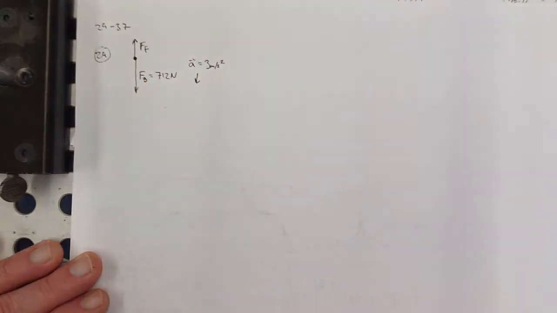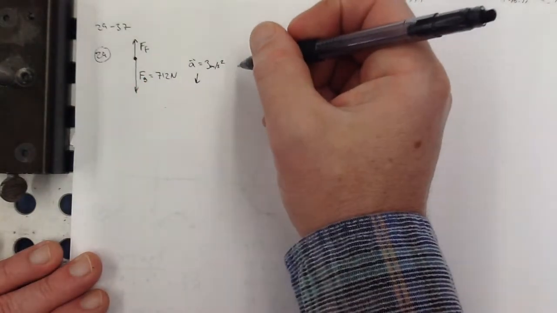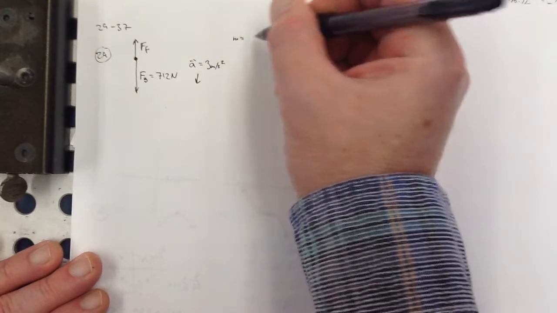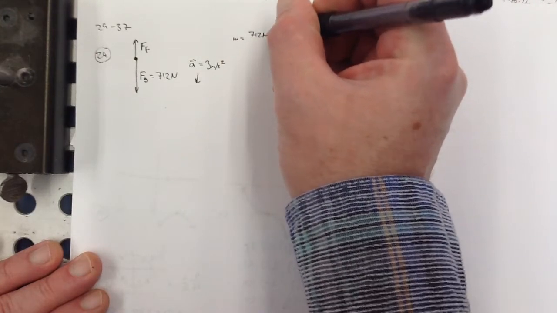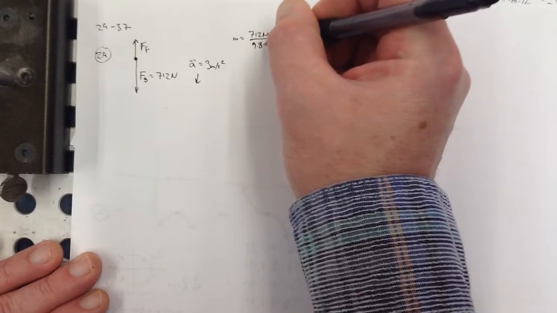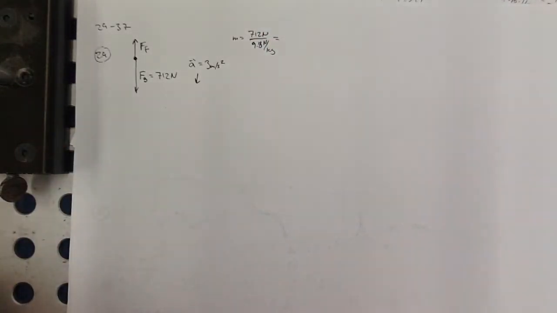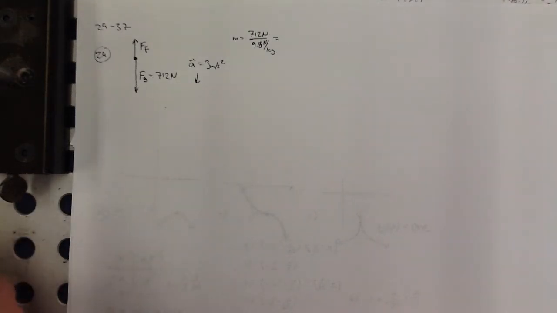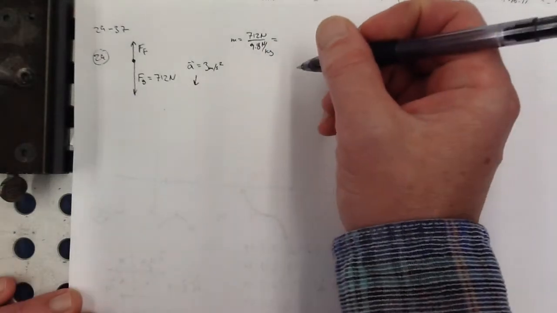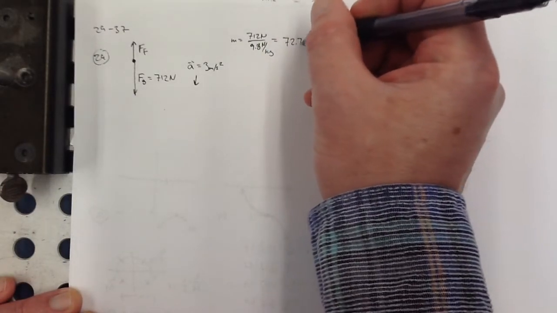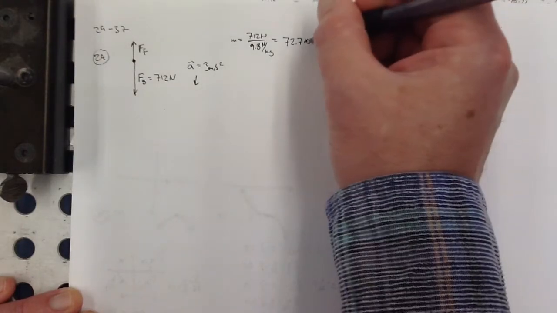I don't know what that is right now, but the mass of the firefighter is 712 newtons divided by 9.8 newtons per kilogram, to get me back to kilograms. So the mass of the firefighter is 72.7 kilograms.